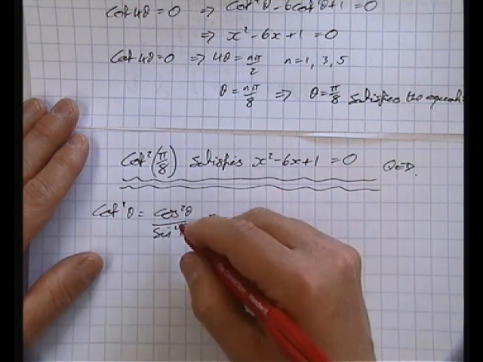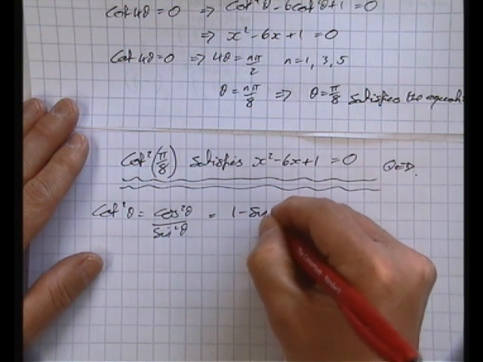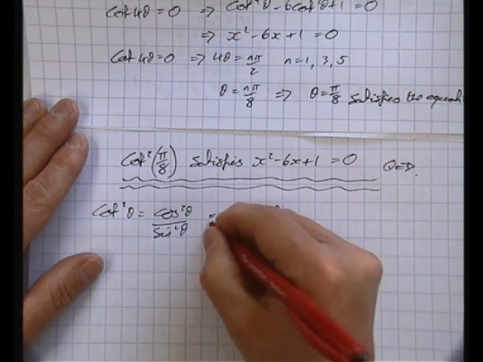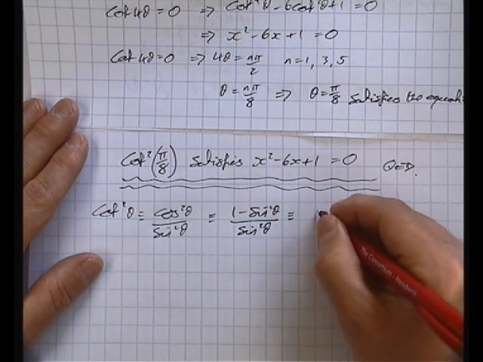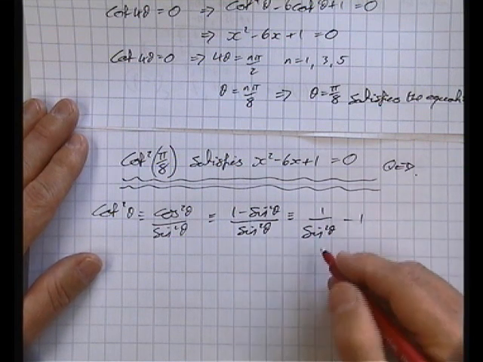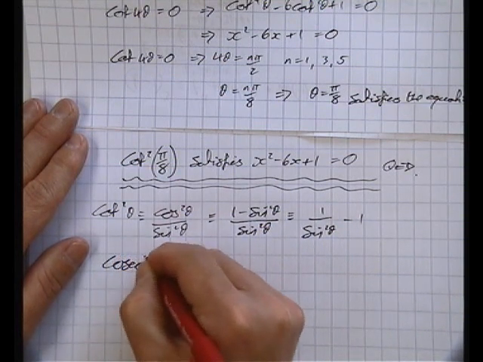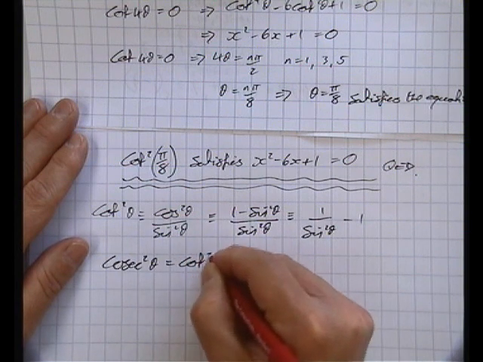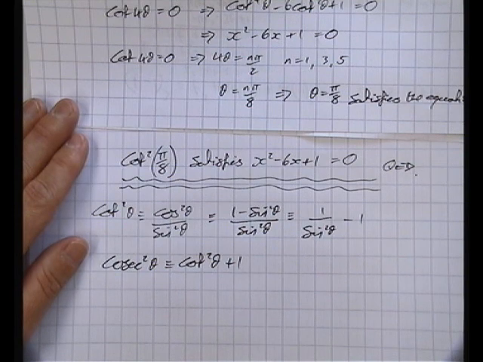So if I change that cos squared into 1 minus sine squared theta over sine squared theta, these are identities, that's going to equal 1 over sine squared theta minus 1, and that's cosec squared minus 1. So therefore I can write cosec squared theta is equal to cot squared theta plus 1.